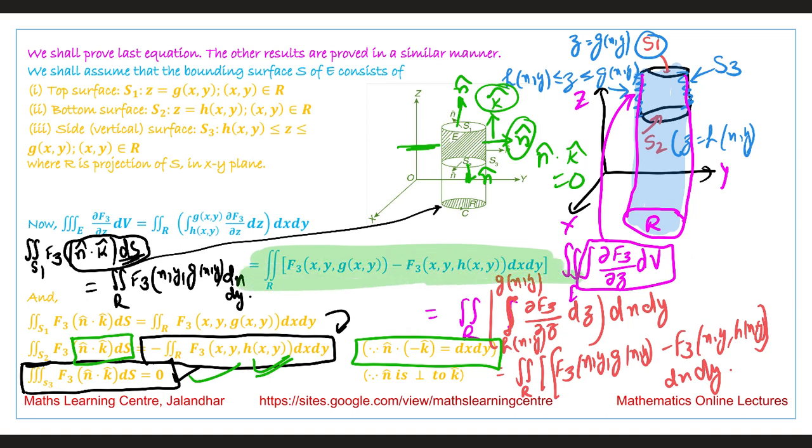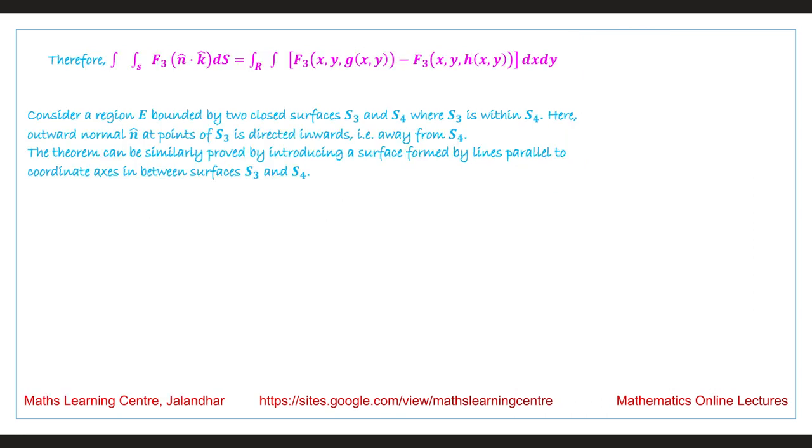Now the total value you will obtain is the sum of these three values. So what we obtain is that the integral of f vector, that is f3 n cap dot k cap into dS, is equal to the double integral of the difference of these two terms into dx dy.